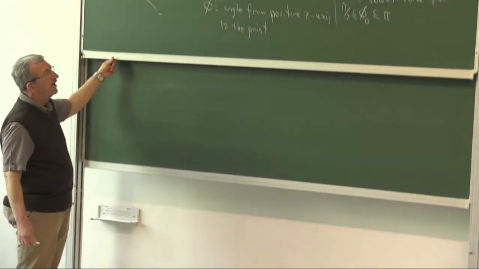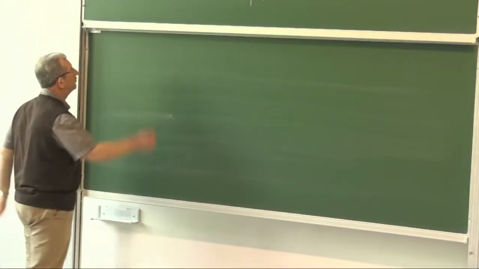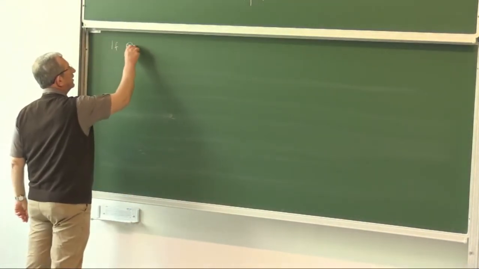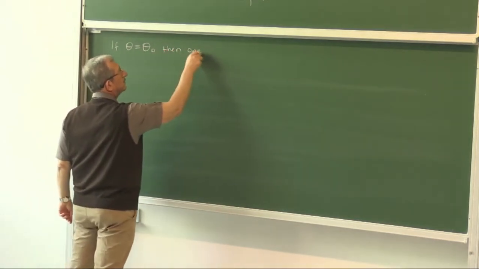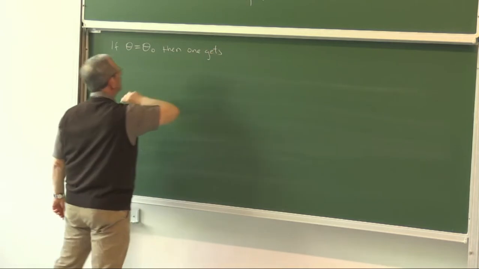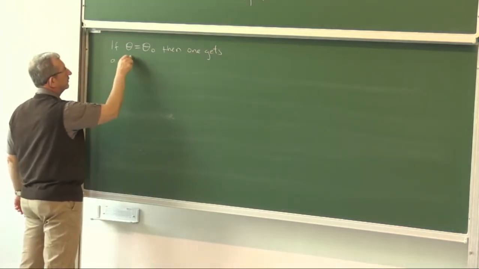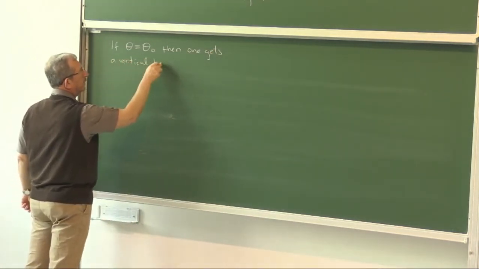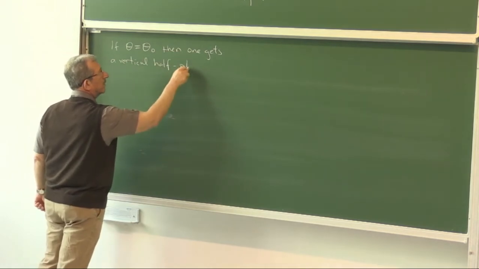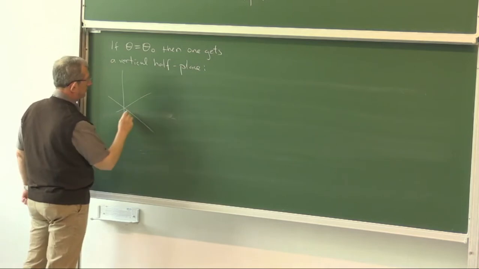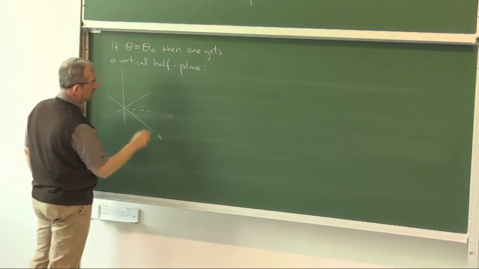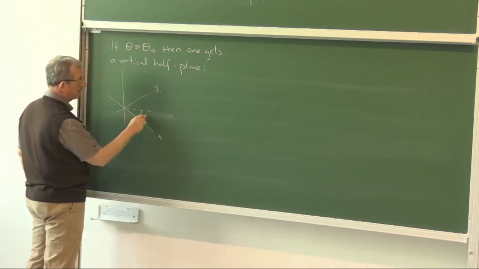And for theta, we have the obvious picture. Namely, if theta is constant, then one gets a vertical half plane. Namely, this one.